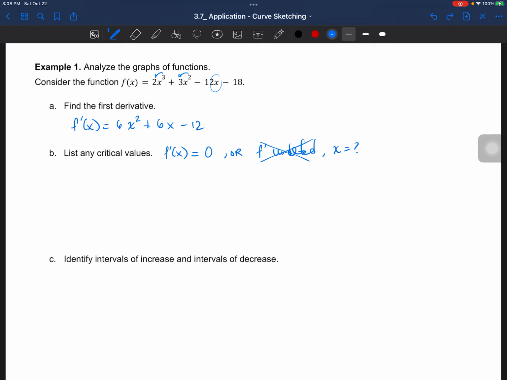The reason why is because this is a polynomial, and polynomials are defined everywhere, so the derivatives are defined everywhere. So the only case is to find x such that f prime of x is equal to 0, right?